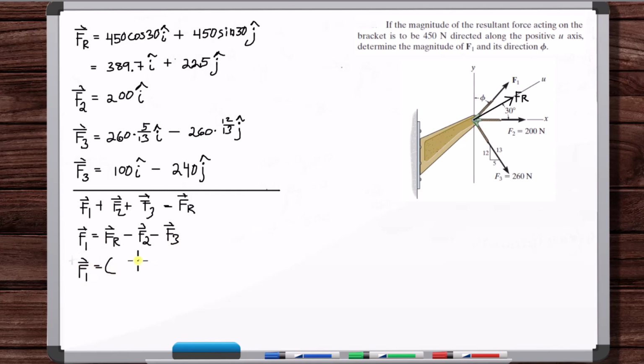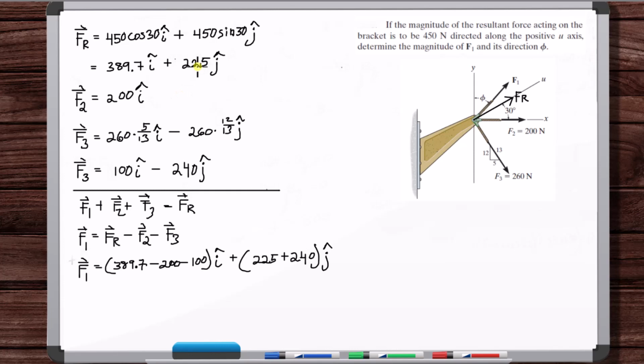So let's plug in the i hat components. 389.7 minus 200 minus 100. Okay, plus, now the y components, it's 225 and then minus 240. So it's going to be plus 240. You want to get that right. It's FR minus F2, which is 0.